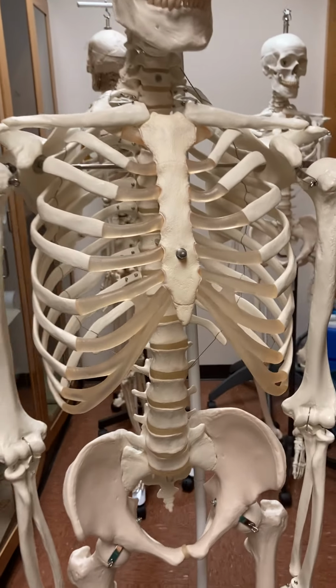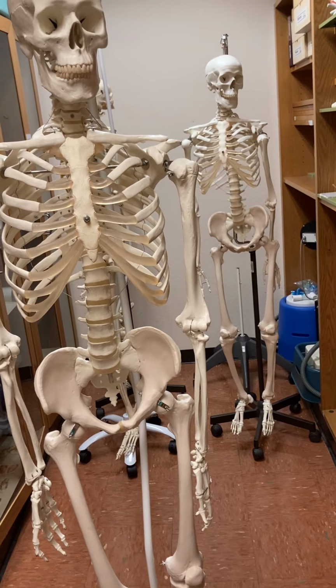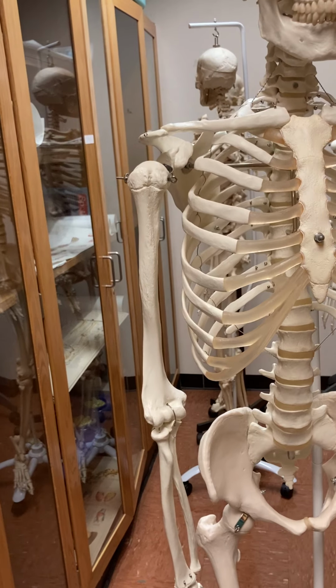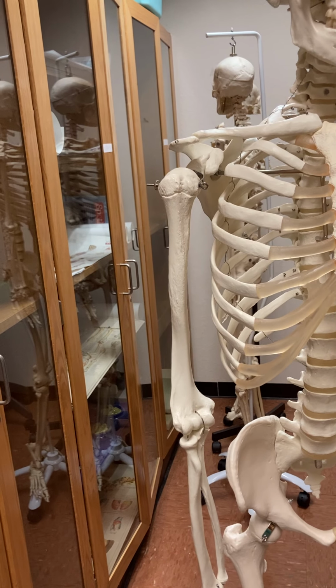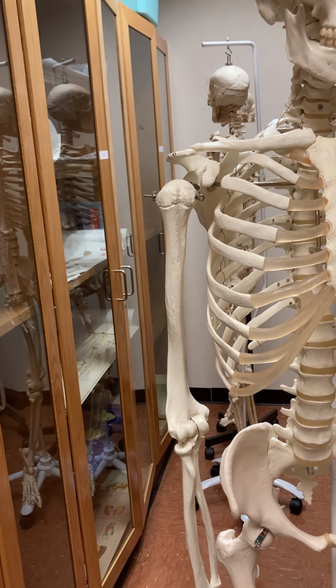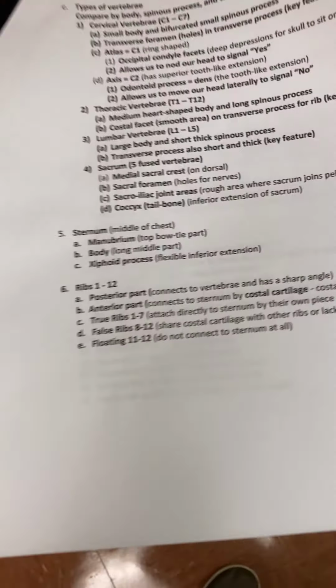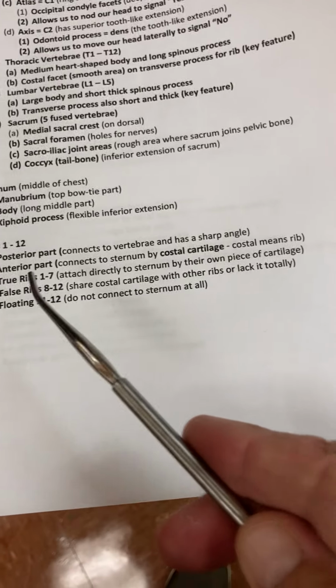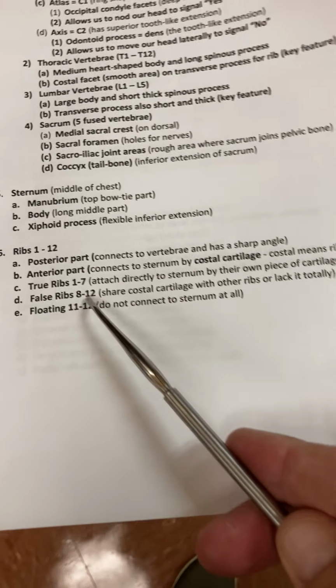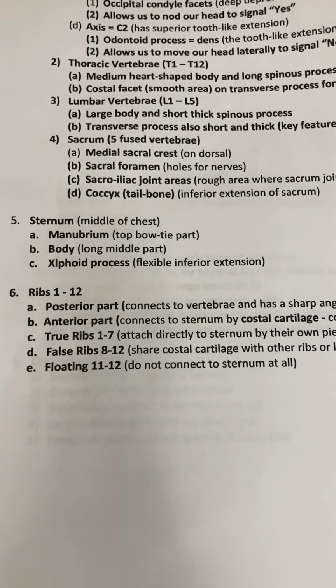Then you're going to have what's called true ribs and false ribs. Now on your sheet, it says we have 7 true ribs and 5 false ribs. Look at this part here. True ribs 1 to 7, false ribs 8 to 12. And then we're going to have floating ribs 11 to 12.